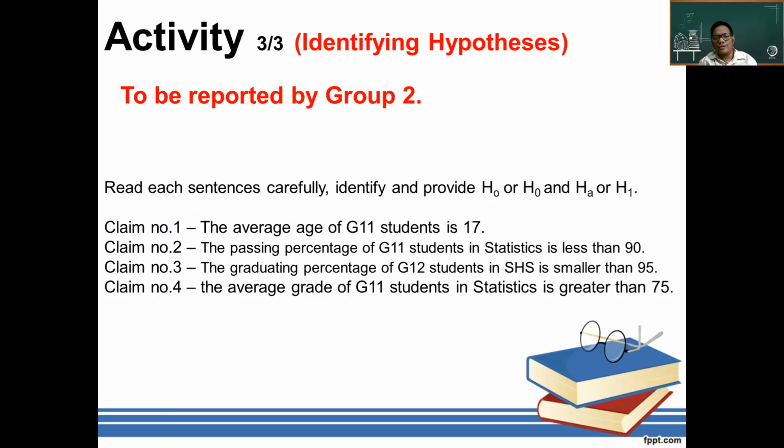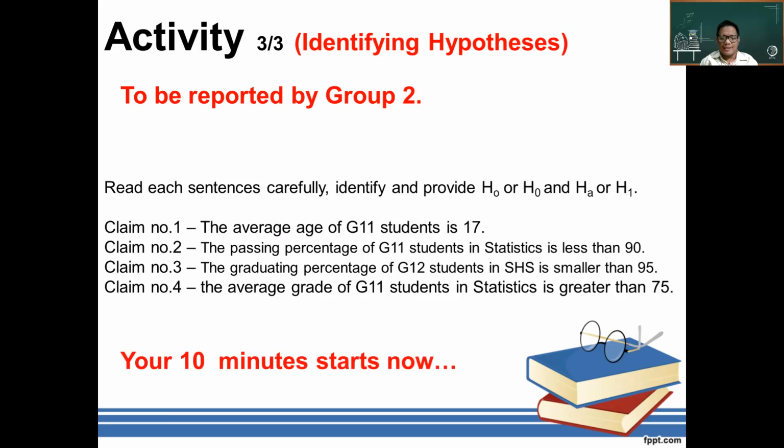Activity number 3, to be reported by group 2, is providing H sub 0 and H sub A, or H1. Don't worry, all of this is already provided in activity 1. Once you have answered activity 1, all the rest will be easy for you.